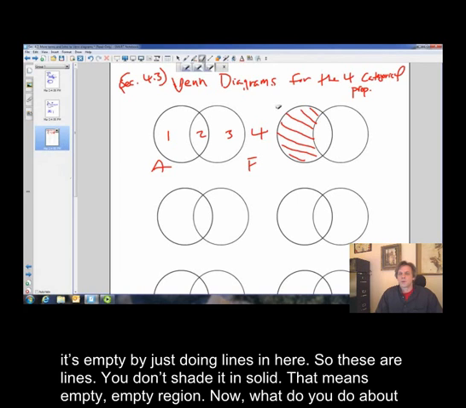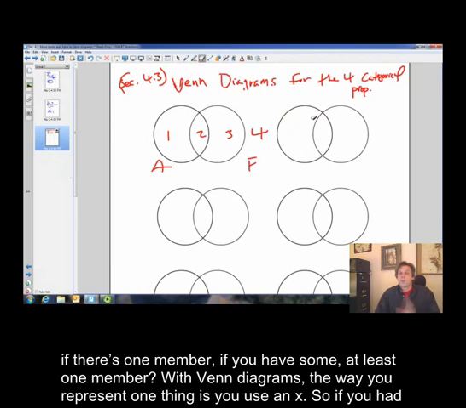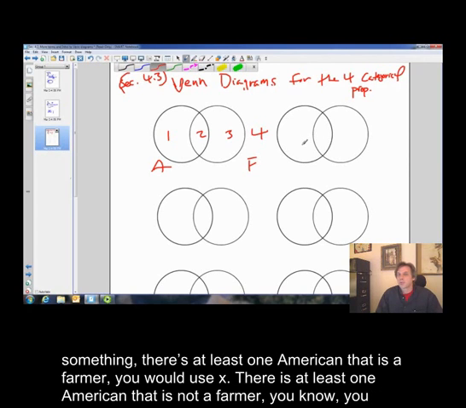Now, what do you do if there's at least one member? With Venn diagrams, the way you represent that is you use an X. So if you had something like there's at least one American that is a farmer, you would use an X. There's at least one American that's not a farmer.